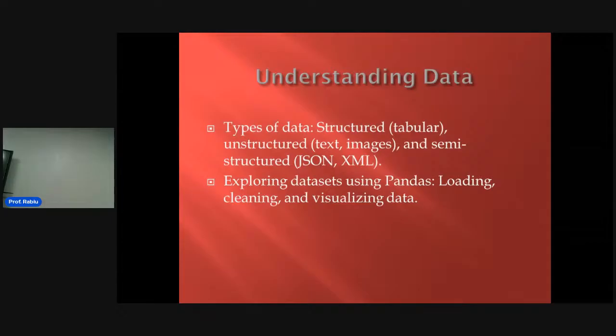Unstructured data is like medical notes, sometimes images, text. When you take notes, that is unstructured because it's not structured. Semi-structured is in between the structured and unstructured.